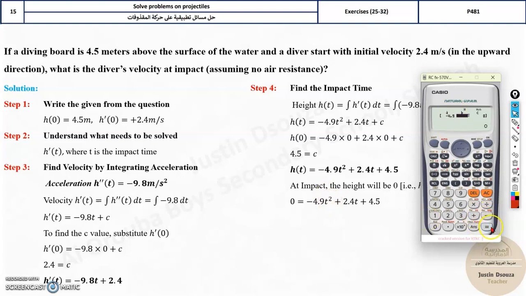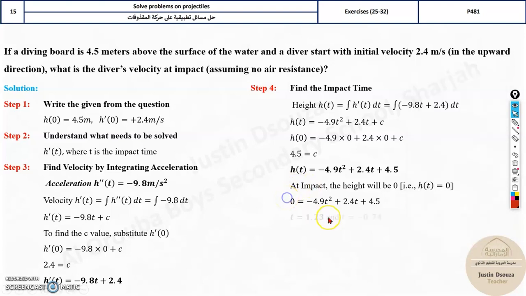Over here x is not x, it's t squared, it's fine. Then we have 2.4, and lastly we have 4.5, and the solutions are over here. Now it is minus 4.9 plus, okay, so these are the answers. It's 1.2 and 0.7, but negative.